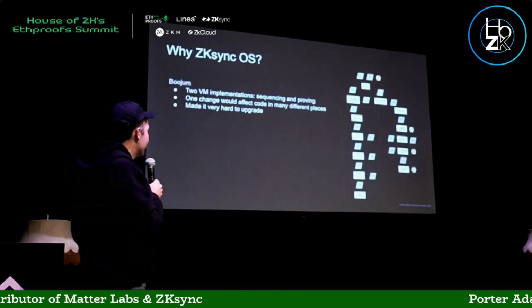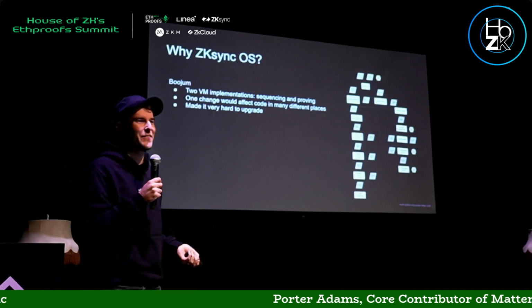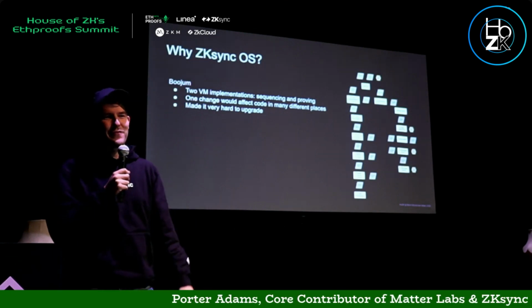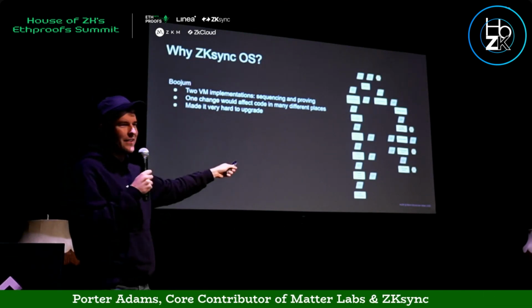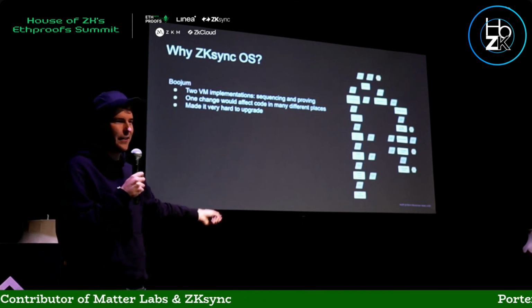What is ZKOS? Even before that, I'm going to start with Boojum, which is the current proof system. So why are we moving on from Boojum at all? On the right, it's not really meant to be visible, but that is an architecture diagram of how Boojum fits together.